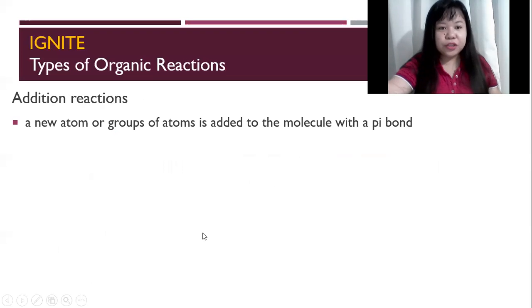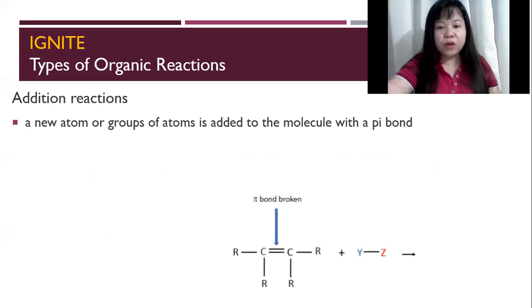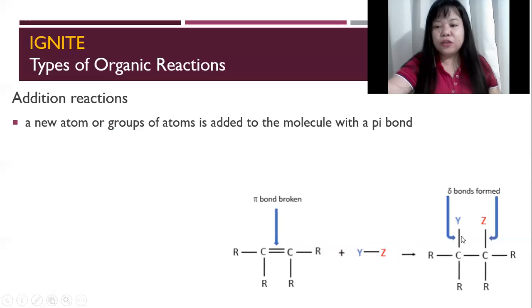Next, we have addition reactions. This is where a new atom or group of atoms is added to the molecule with a pi bond. So it's like the reverse of elimination reactions. So here we have a pi bond, this bond which is broken, and this bond here would also be broken so that each of these atoms can attach themselves to the now available carbons.